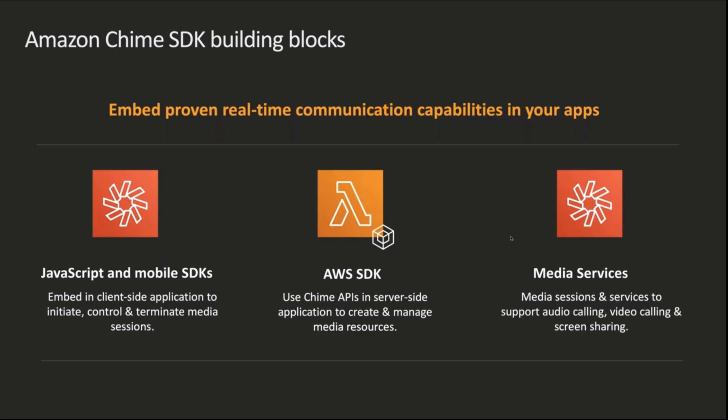And we have the AWS SDK that you all know and love, available in every programming language that the SDK supports, which is quite a lot. It lets you use Chime APIs from your server-side applications to create meetings, create attendees for meetings, and vend join tokens that let these end users actually get access to media resources. So you would typically deploy that SDK alongside your standard server application, however you choose to do it.